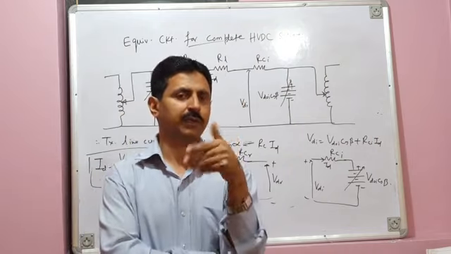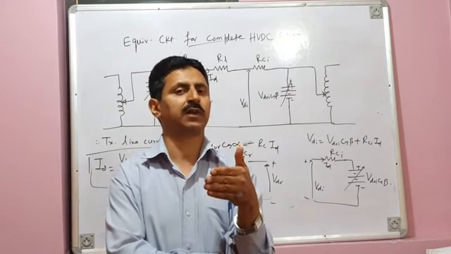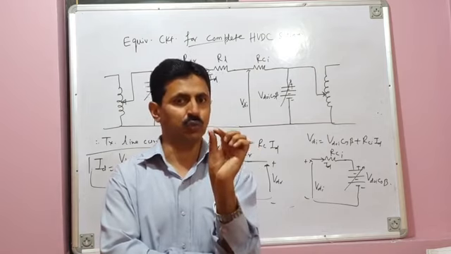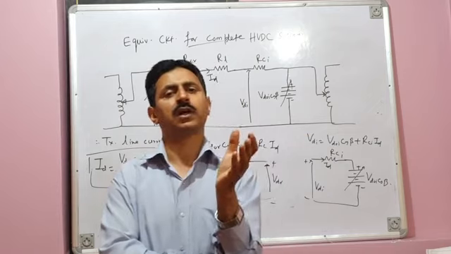So in today's lecture, first of all, we derived the mathematical expression for converter average output voltage considering u, that is, commutation overlap. And what was that expression?